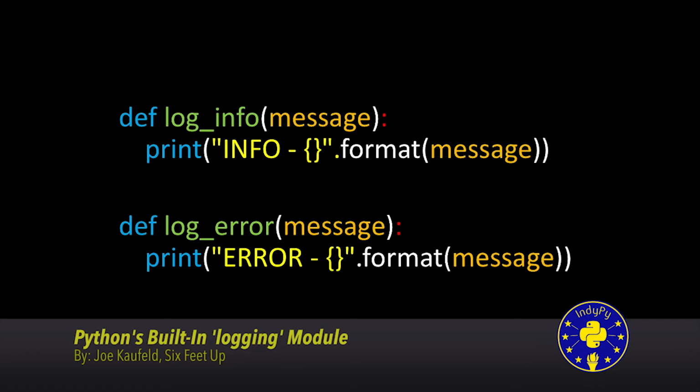I thought I was hot stuff because I managed to build my own logging system. And I was so close. I even had the function names. I was so close, if I had just known that there was a thing that I could have used. And there is a thing that we can use.